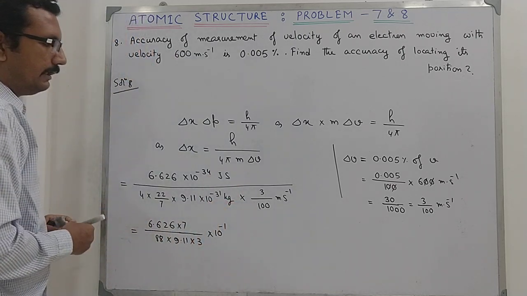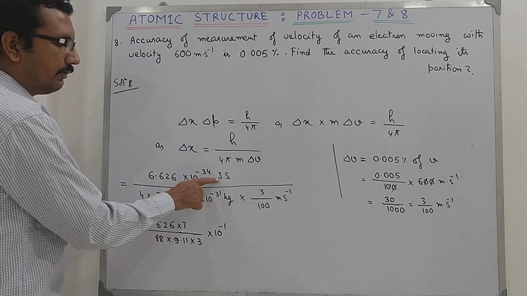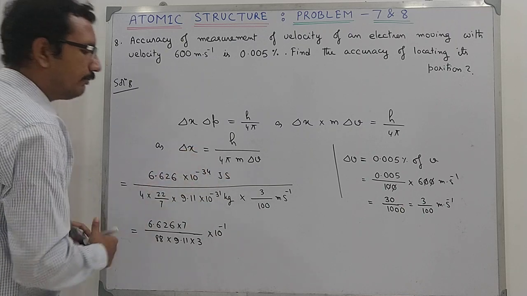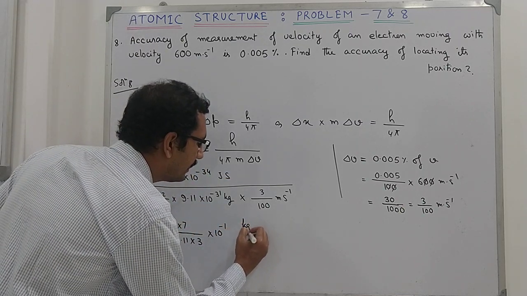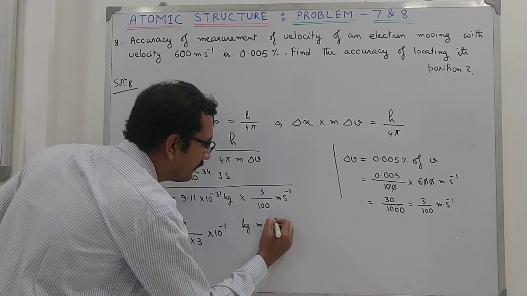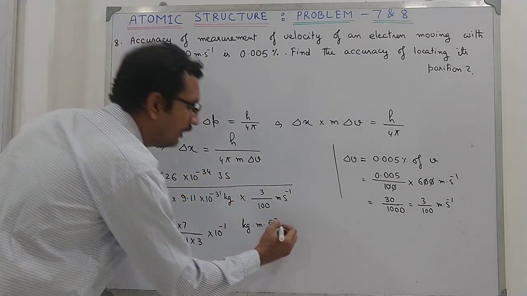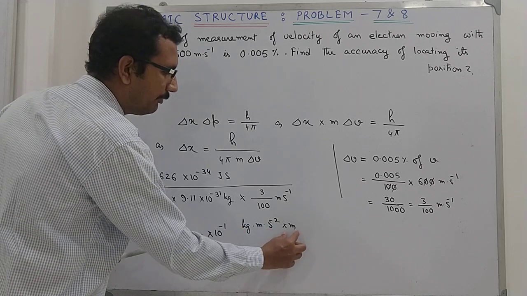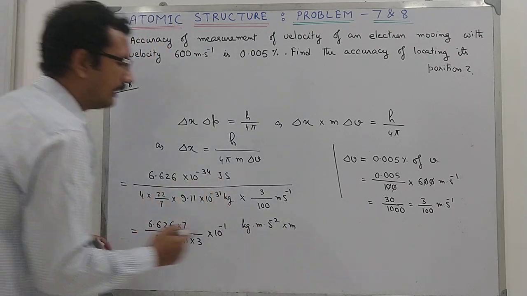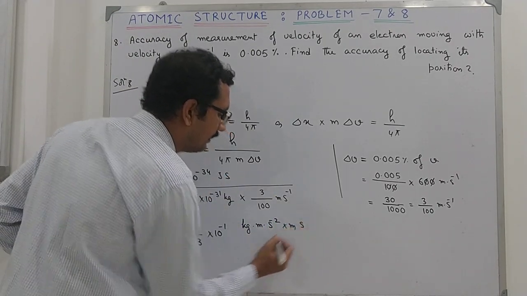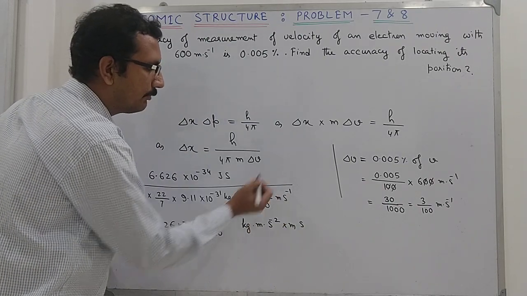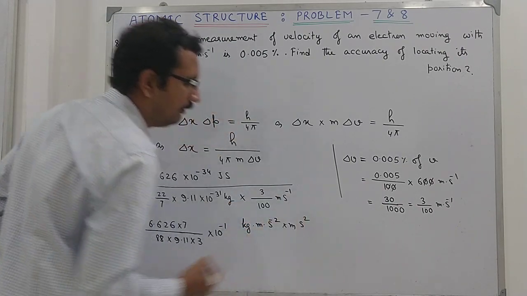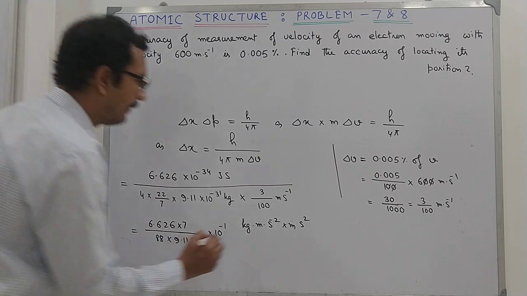Now come to the unit. This joule second, you see, this joule is Newton meter and Newton is kilogram meter per second square. So Newton into meter will give you joule, and another second from this joule second, and this second inverse will come to the numerator and it will give you square.